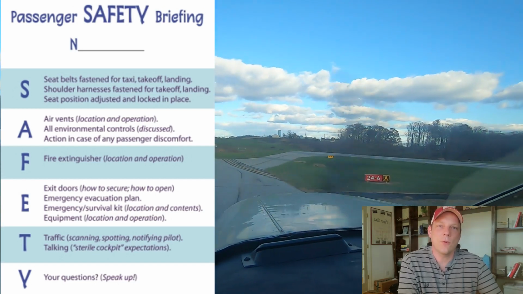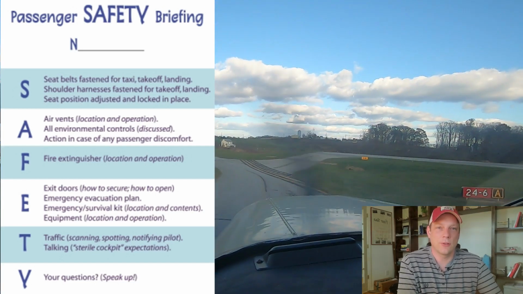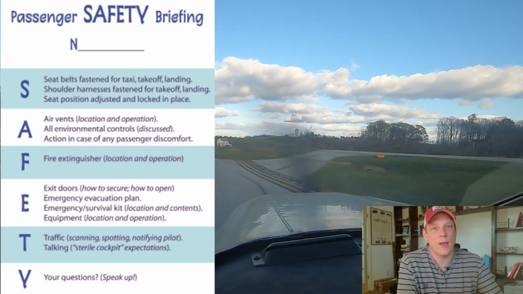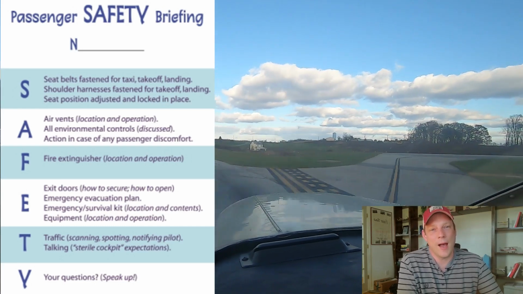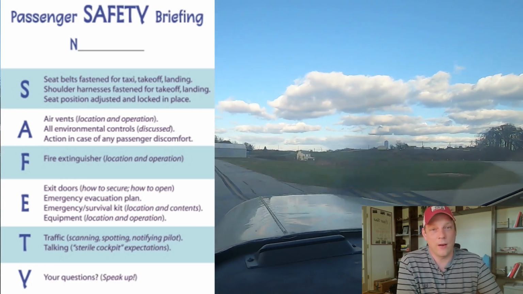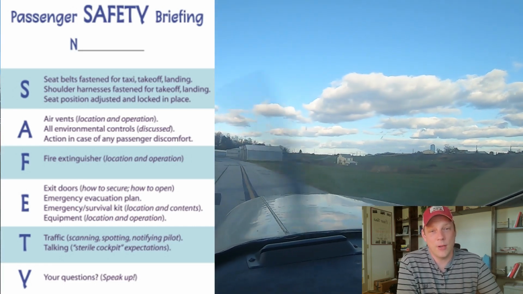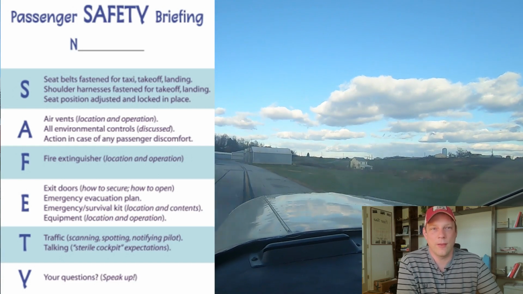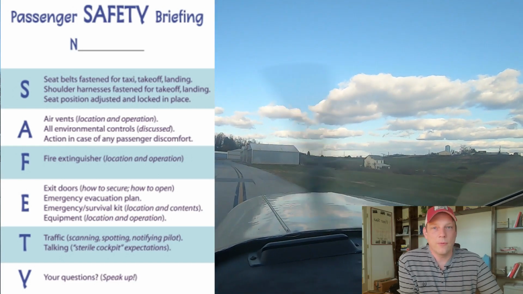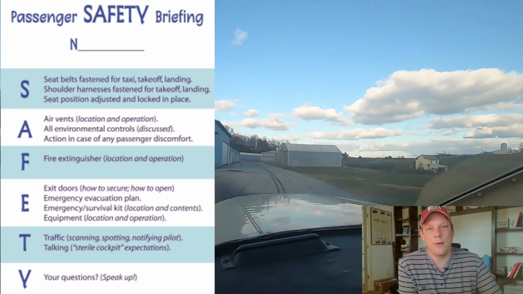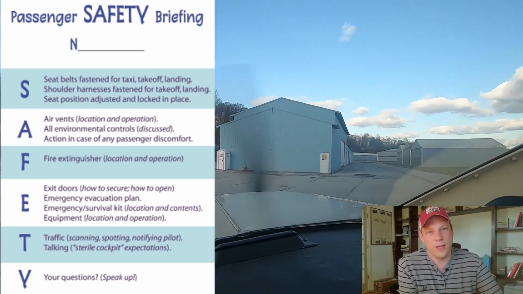And then T is for traffic and talking. It's great to have passengers on board, and they can help you identify other traffic. Several times I've been flying and had passengers point out other aircraft to me, and it's especially helpful if you aren't flying with an iPad with traffic or something. The other item is just general conversation while flying.